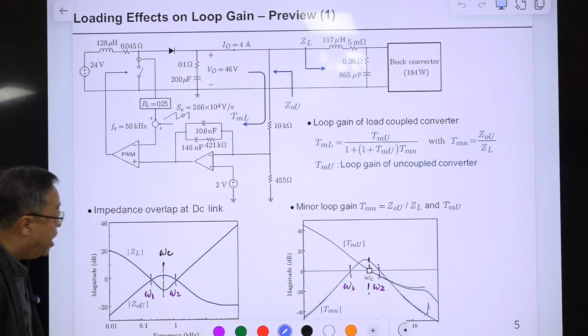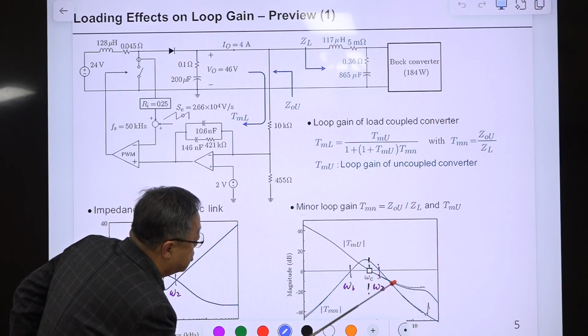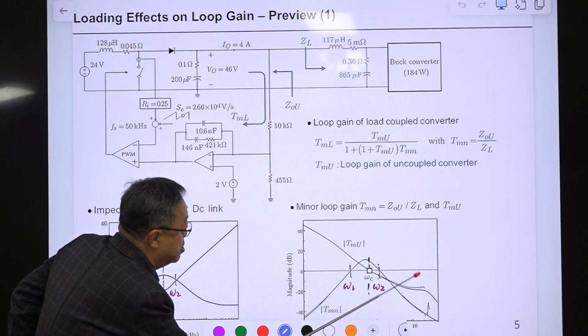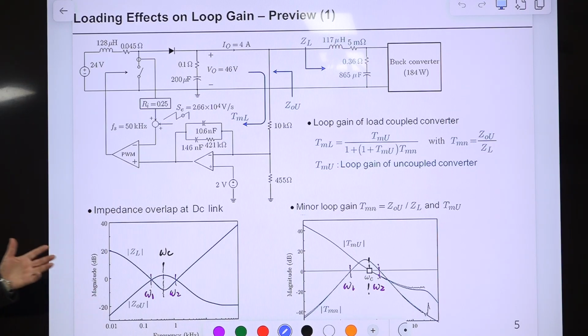And this one is the experimental result, and this is the theoretical one. So they are well supported by experiment. This is part of the dissertation of my student, an Indian student, and also a part of our paper. So here, this is the first and this is the second.